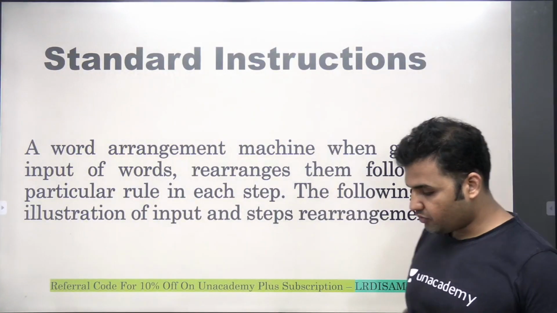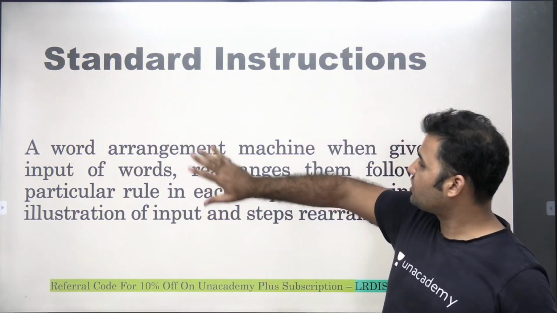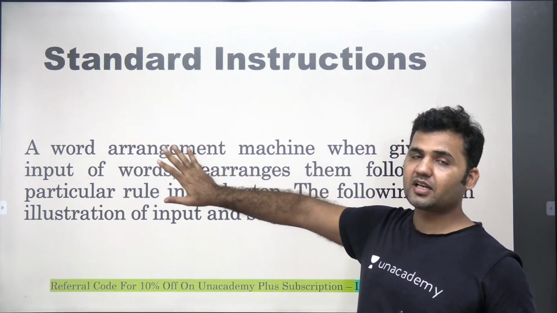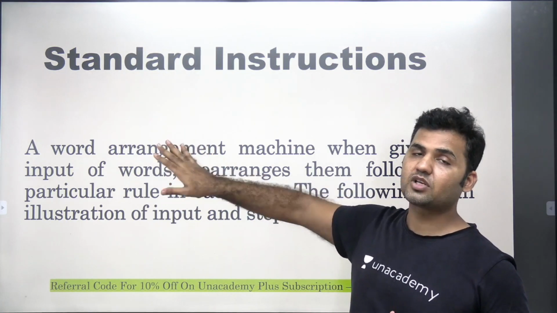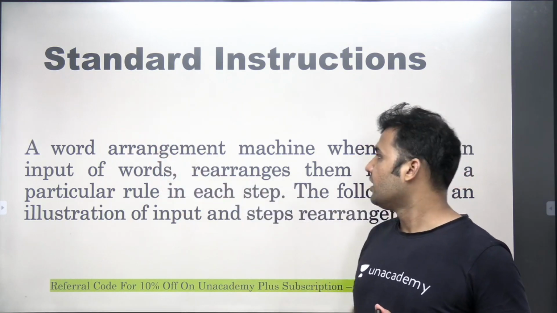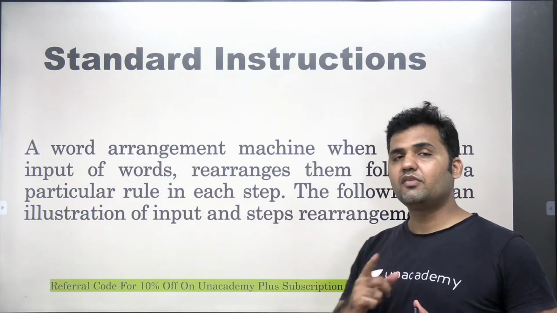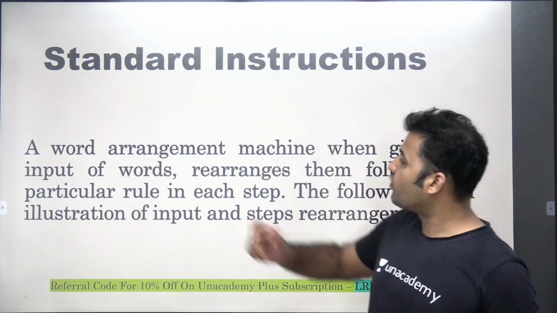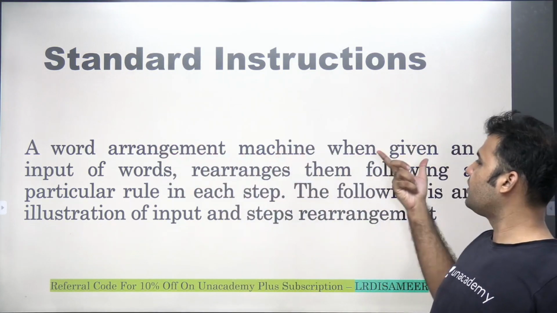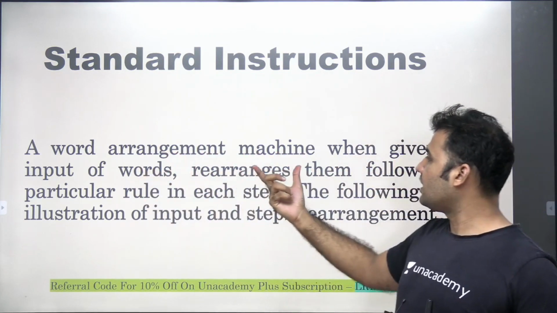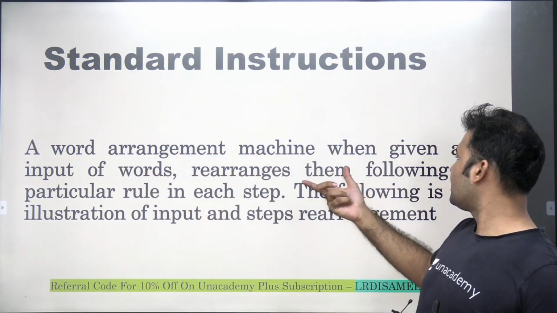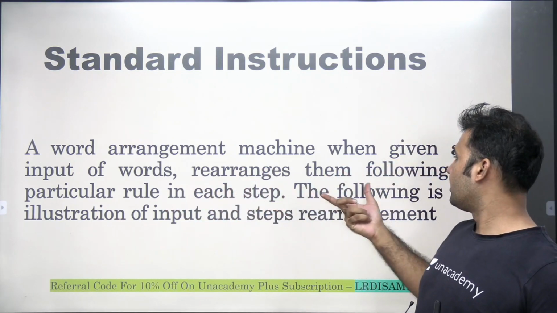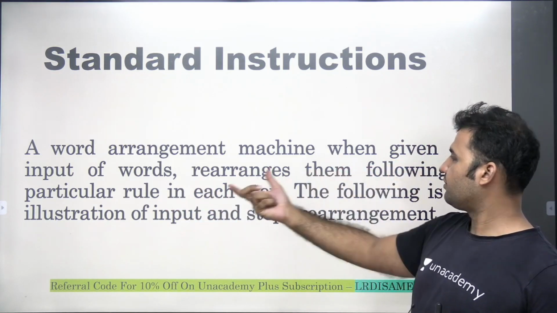Input-output questions are the type of questions where this standard information will always be given, the main information that helps you in understanding what actually input-output questions are. These are the 4 lines that you will find in every input-output set. A word arrangement machine, when given an input of words, rearranges them following a particular rule in each step.